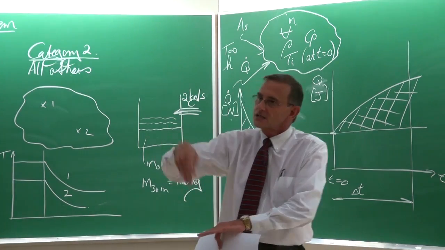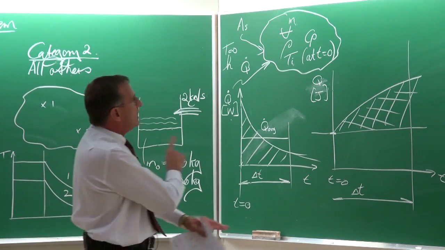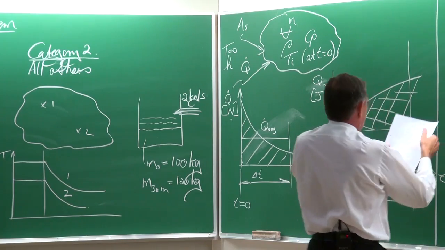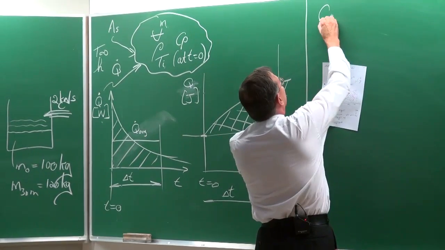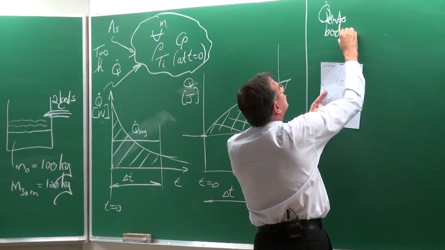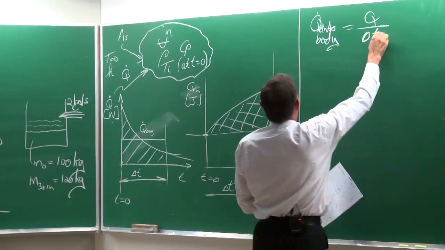It increases as you put it in. Do you understand that? Now, using that concept, we can say that the heat transfer rate into the body is equal to Q divided by delta t.